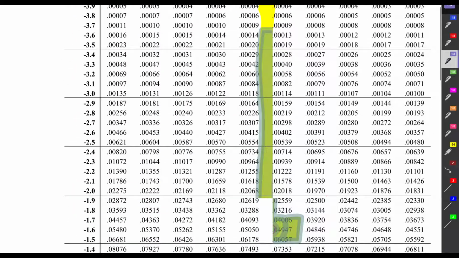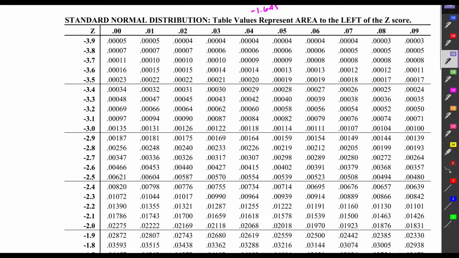If we look for 0.025, let me erase this. 0.025 is in fact one of the exact values in the z-table. It lies right here.